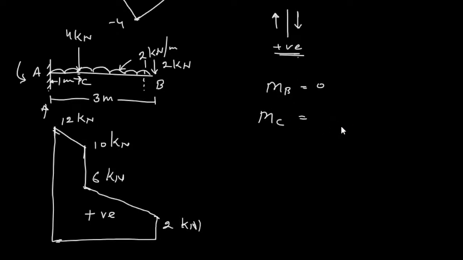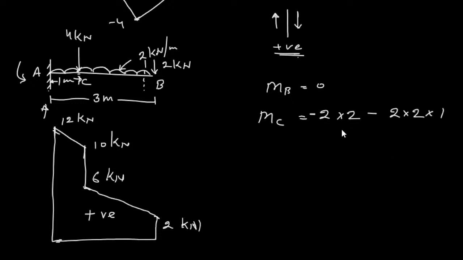Now this is hogging bending moment. We have a 2 kilonewton point load, so 2 times 2, because from B to C the distance is 2. It will be negative, minus. I have 2 times 2, this is the UDL total load, and it is acting at a distance of 1 from point C. So this is what I have written.